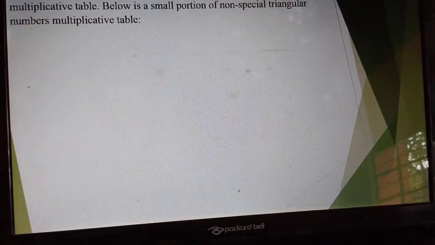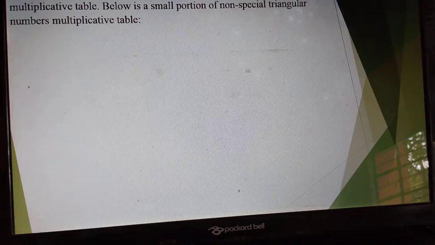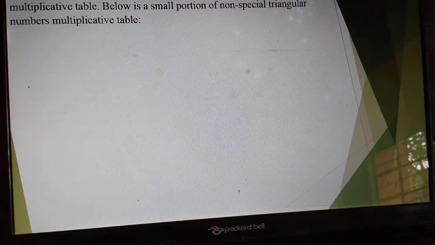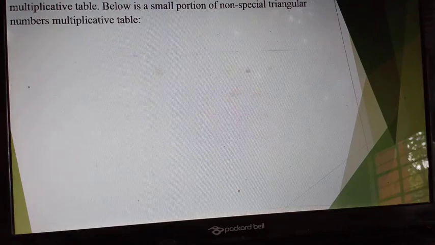So now the set of non-special triangular numbers, I created a multiplicative table for them. And these odd numbers, they start from 3, 5, 7, 9, 11, going up to infinity. So the table that you are going to see, it's not representing all the non-special triangular numbers.